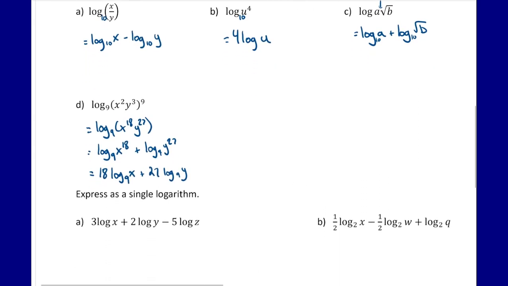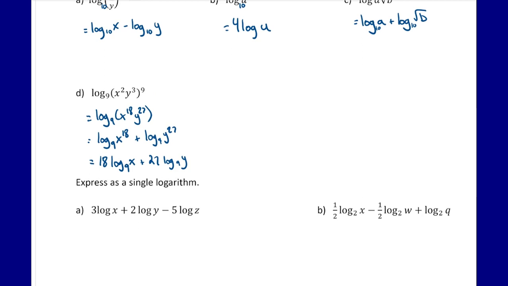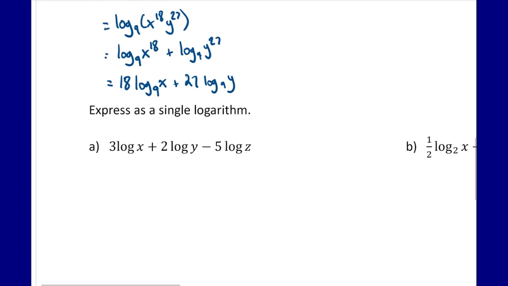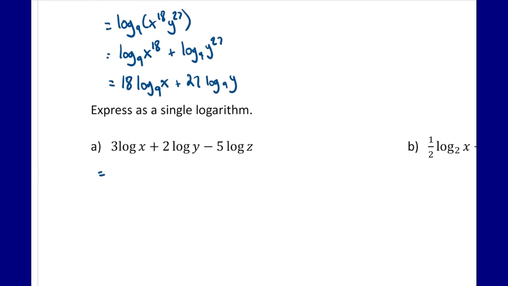Lastly, we might have expressions of multiple logarithms, and we want to rewrite them as a single logarithm. So again, we're trying to combine things to make them a little bit simpler. Because the 3 is out front, that's the same thing as saying log x cubed plus log y squared minus log z to the power of 5.